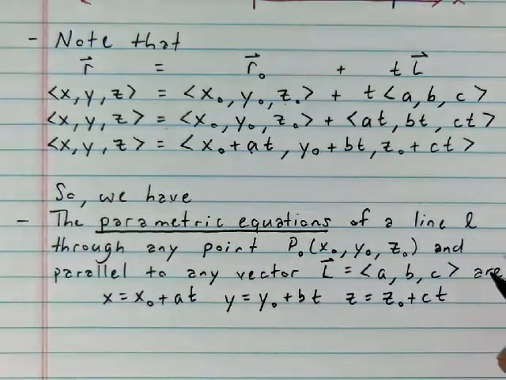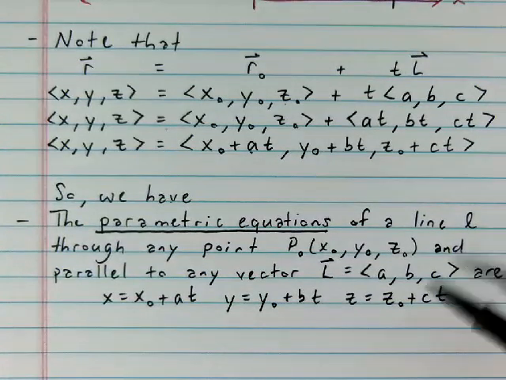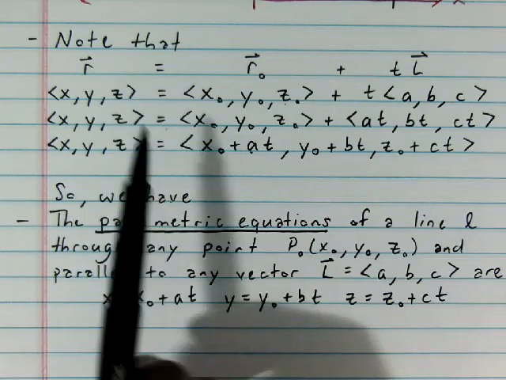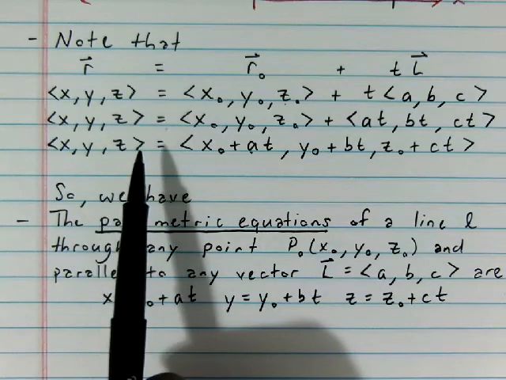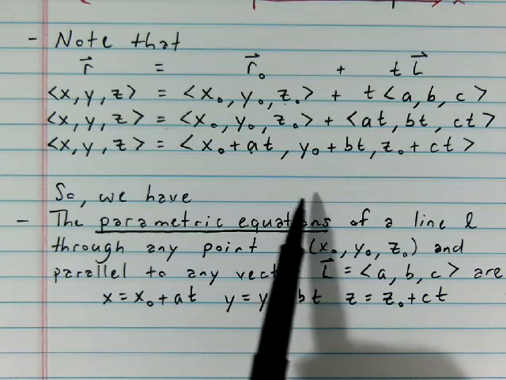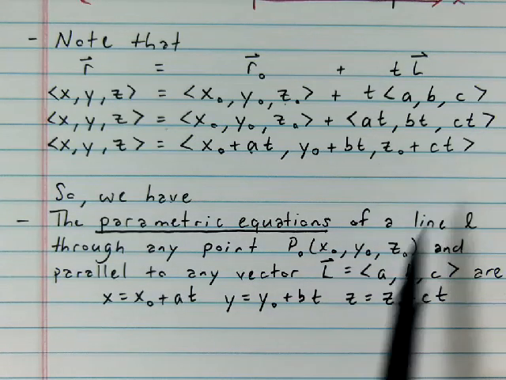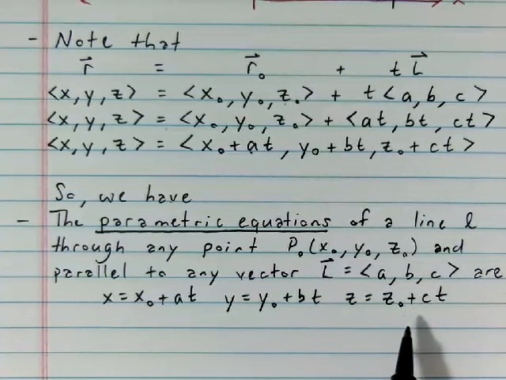So if you can't remember the parametric equations for whatever reason, as long as you know what the vector equation of a line is and you know how to work with adding vectors and multiplying a vector by a scalar, you can come up with those equations on your own every single time if you need to.